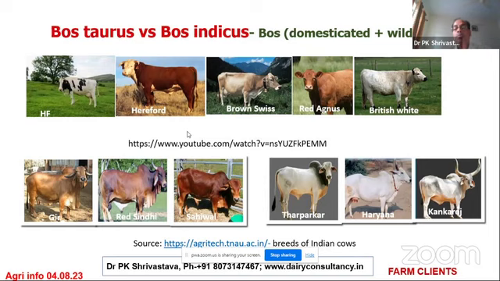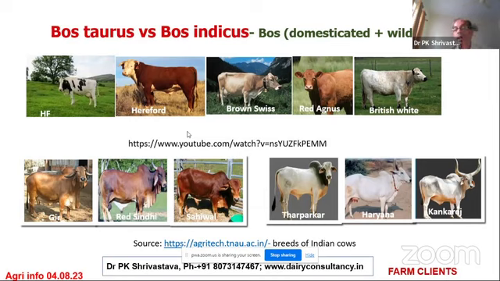So one difference was the hump. Buffaloes are not found in other parts of the world except Asia, so buffaloes are not highlighted here, but buffalo also will come into the discussion. Those that do not have the hump are A1 cows, meaning their milk is called A1 milk. And those that have the hump also have the dewlap.